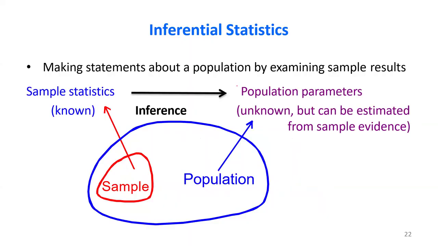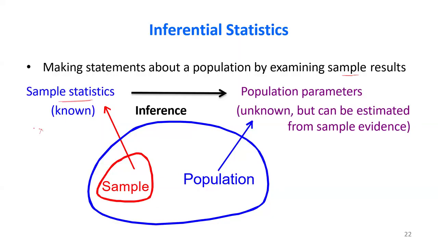Making statements about the population by examining the sample result is known as inferential statistics. These sample statistics are known because you have the sample. You know what observations are there in the sample, so you know all the characteristics of every object in the sample. Based on this known data, you calculate these sample statistics.